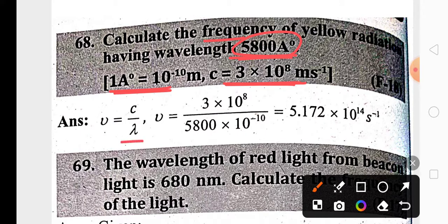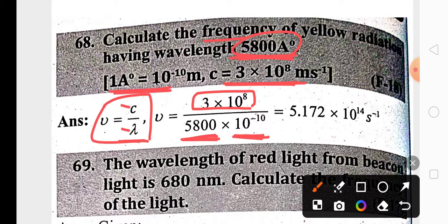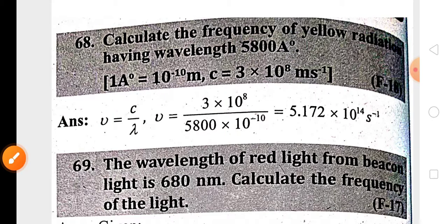We have a formula to find the frequency: frequency is equal to velocity c divided by wavelength lambda. The velocity value is the standard 3 into 10 to the power of 8 meter per second. Lambda is 5800 Angstrom, which we have converted into meter by multiplying with 10 to the power of minus 10. When you calculate the frequency, we will get 5.172 into 10 to the power of 14 per second.